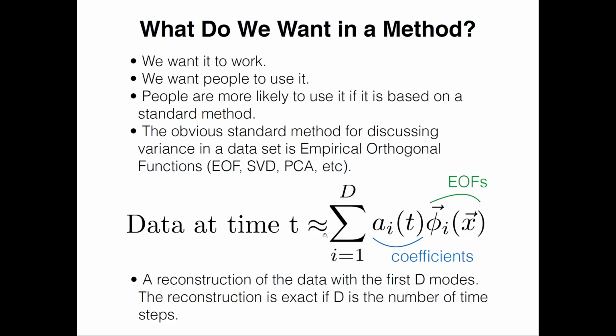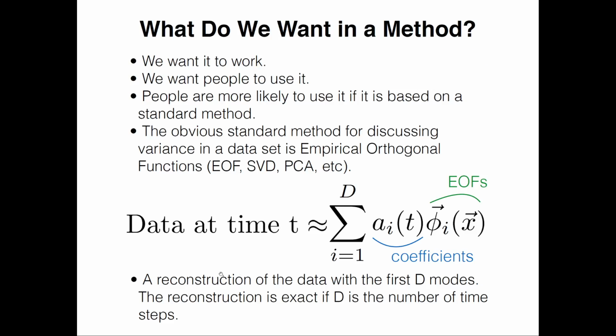Okay. When you do this, I won't get into it because, frankly, it's everywhere. But reminder that you end up with data at time t is the sum of these EOFs, which are the spatial information, along with the time coefficient at that time. This is the reconstruction. This is approximate because we're only taking the first d modes out of the possible, right? So not necessarily all the modes, but a certain amount of them.